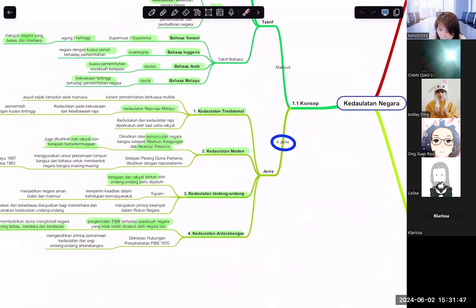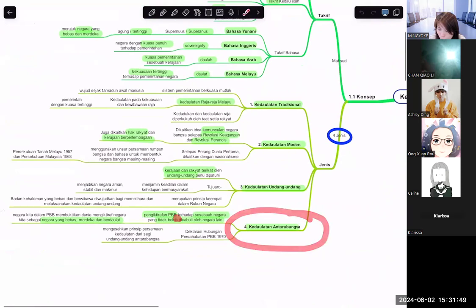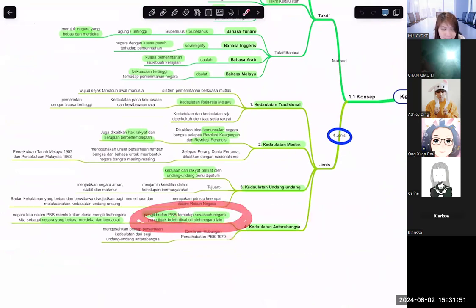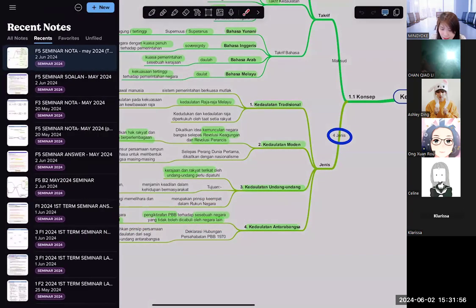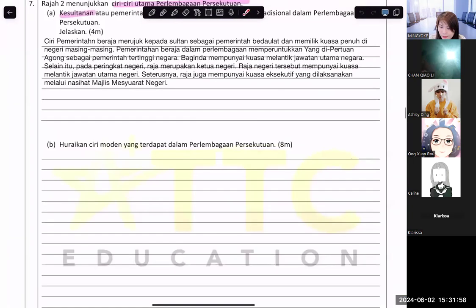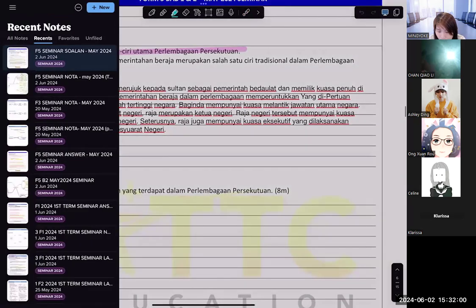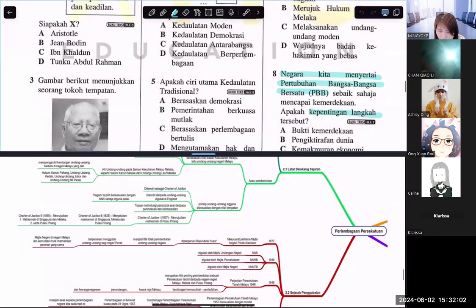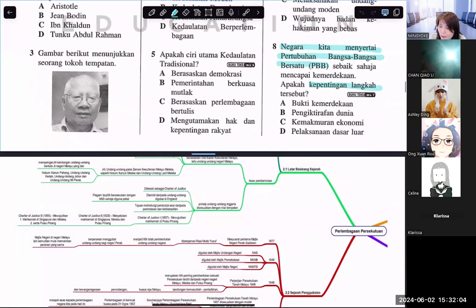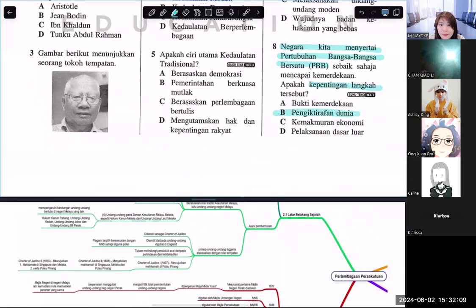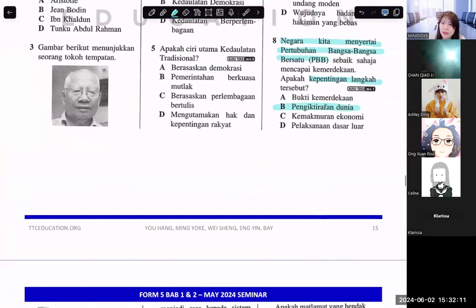So if you see here, is to get pengiktirafan PBB, recognition. Pengiktirafan, itiraf. Yeah, correct. So it will be your pengiktirafan. Very good. Keyword. Take notes. Keyword.